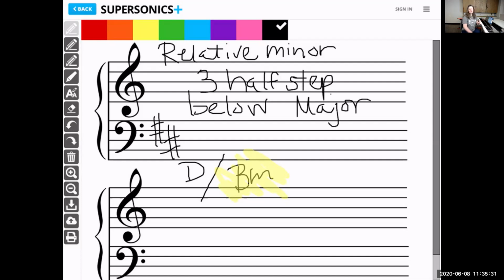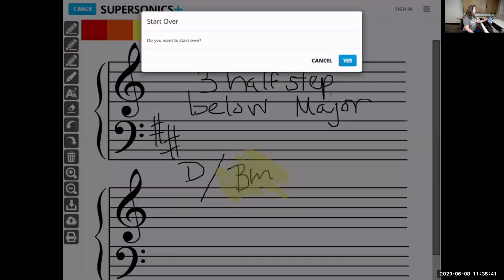Okay? So always make sure you go down 3 half steps. If you know your major keys really well, start with a major key and work your way down to find your minors.